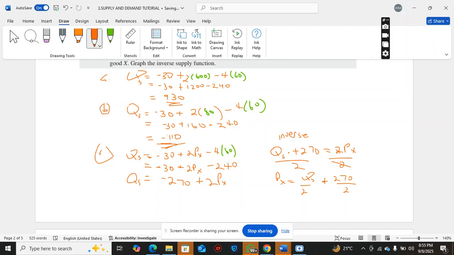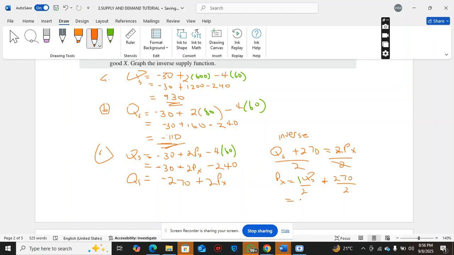Notice this Qs plus 270 over 2 can be broken down like this. Then here, think of it as there's a 1 here. So if you divide 1 by 2, you get 0.5.